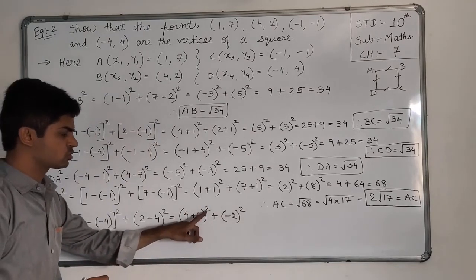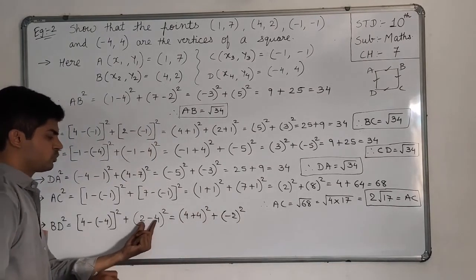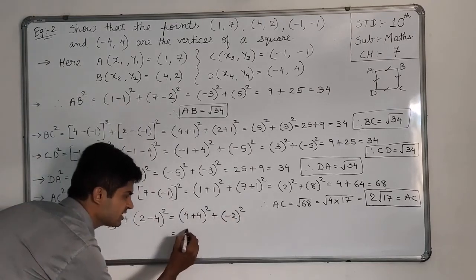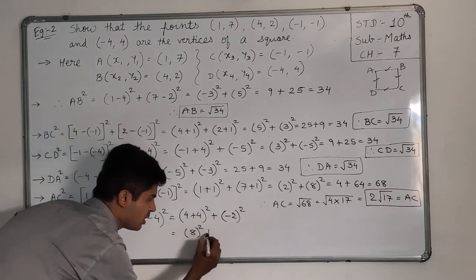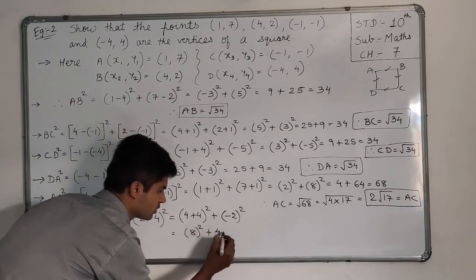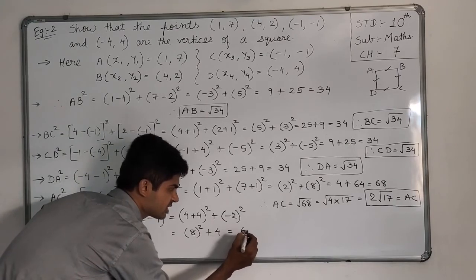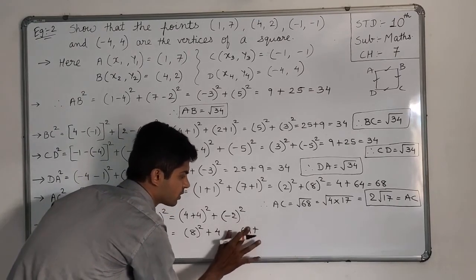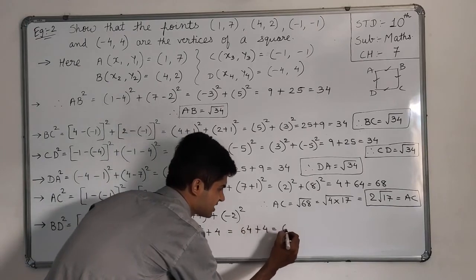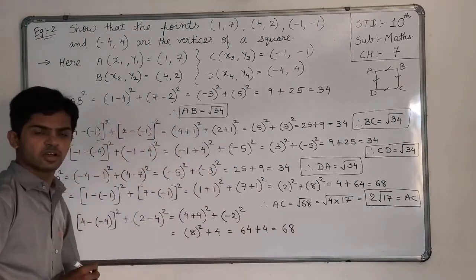4 plus 4 whole square plus 2 minus 4, it means -2 whole square. 4 plus 4 is 8 square plus -2 square is 4. 8 square is 64 plus 4. 64 plus 4 answer is 68, understood?